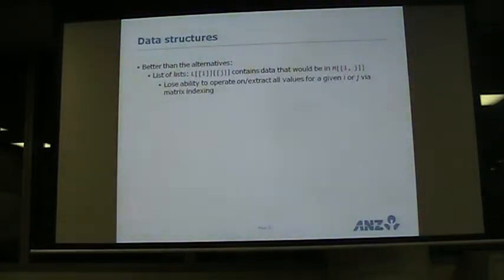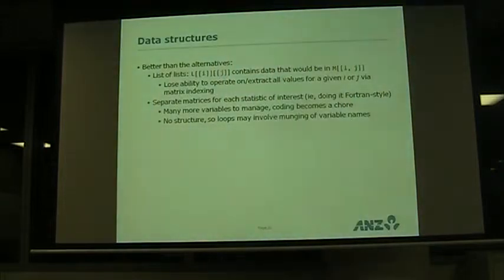You don't get the ability to operate on all values for a given i or j. You could have separate matrices for each statistic of interest, but you're going to have a lot of variables to manage, and there's going to be no structure, so loops may involve some nasty sort of text mangling.